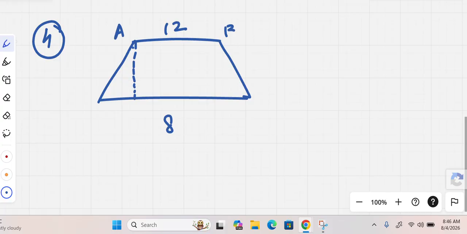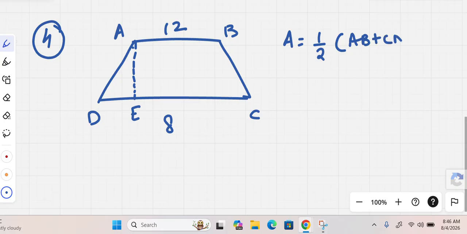I like to visualize it, so I've just drawn the diagram. Now, the area is 60, you have to find the height. What is the formula for area of a trapezium? Half into h into a plus b, exactly. Sum of parallel sides AB plus CD into height.